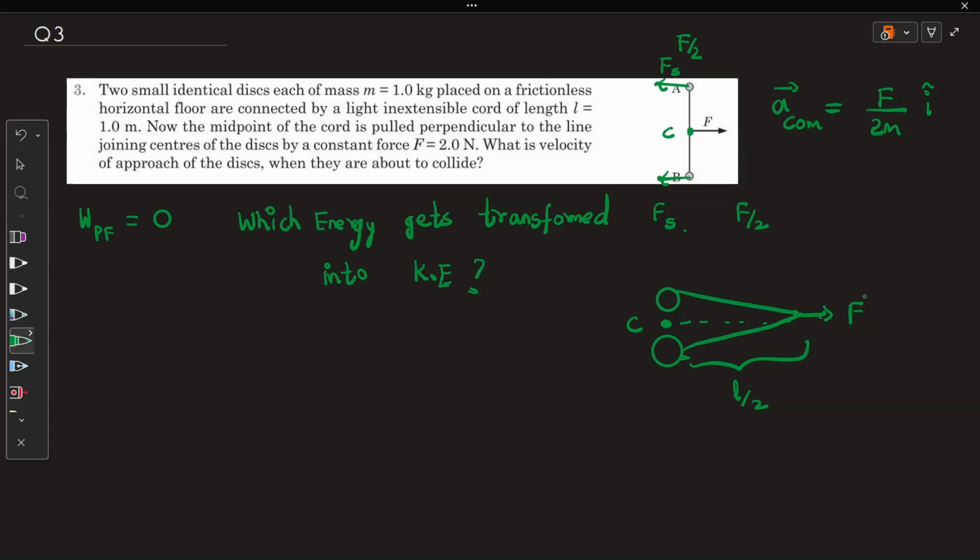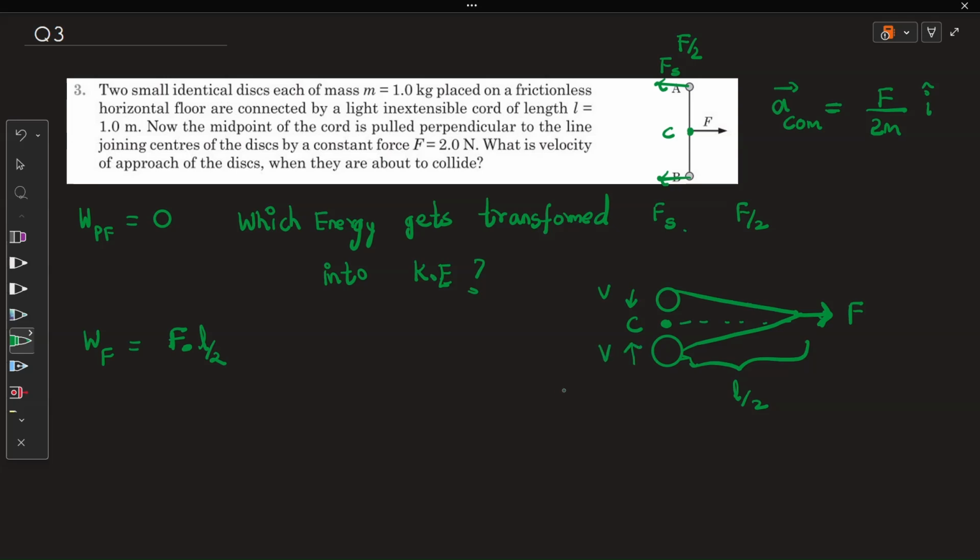But this is what the force F does. The work done by force F is F into L/2, because initially it was at the center of mass and the point of application of force moves L/2 distance. So the work done by the force is F into L/2, which is the extra energy that provides the two disks their kinetic energy.